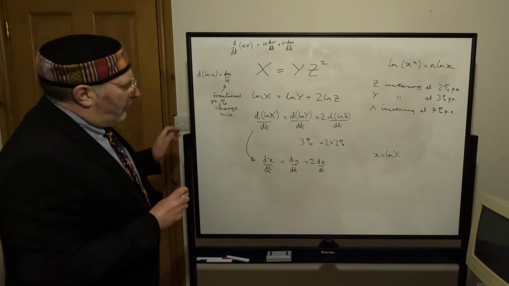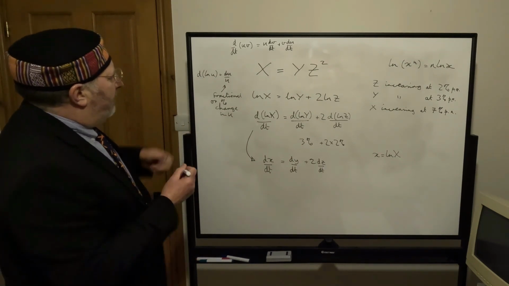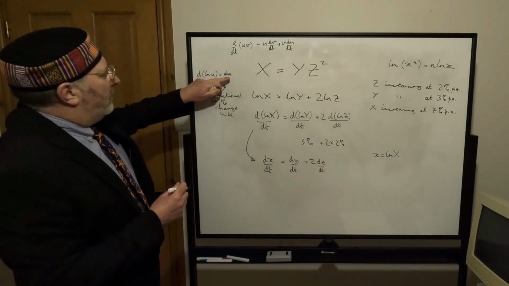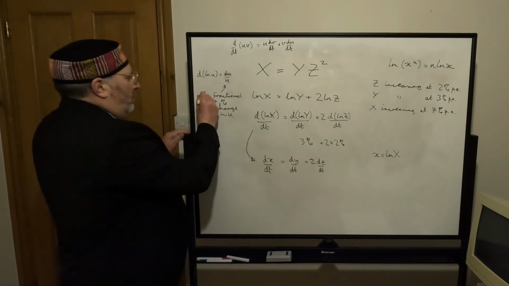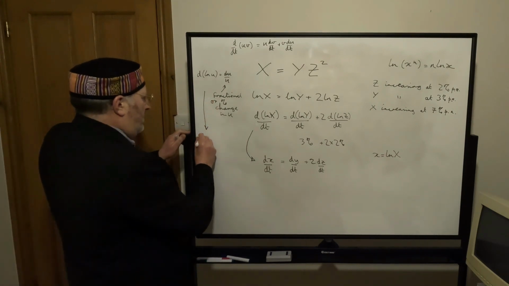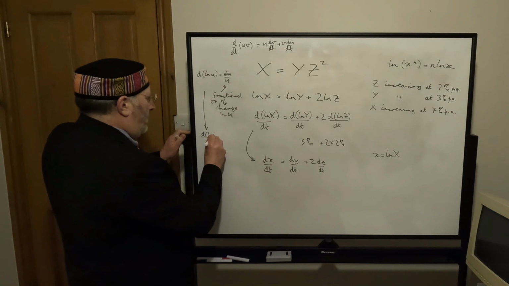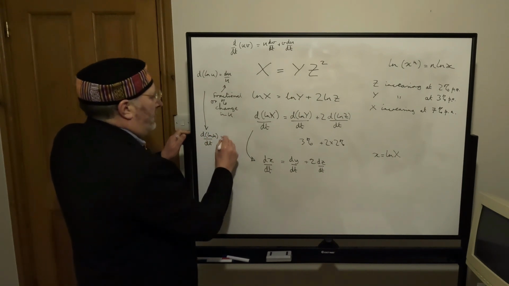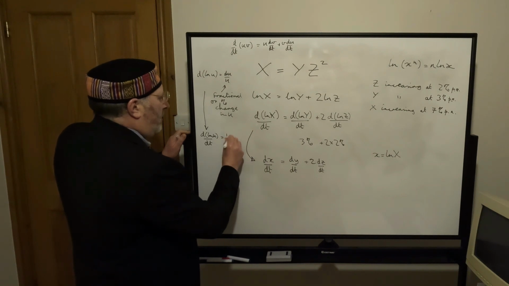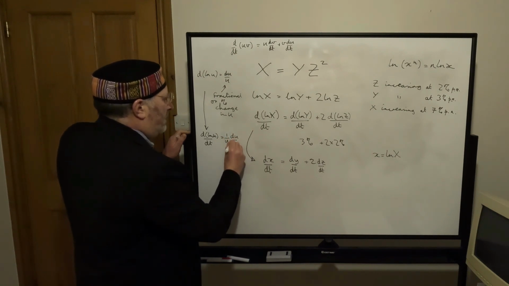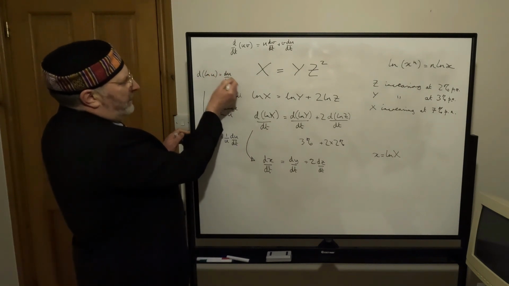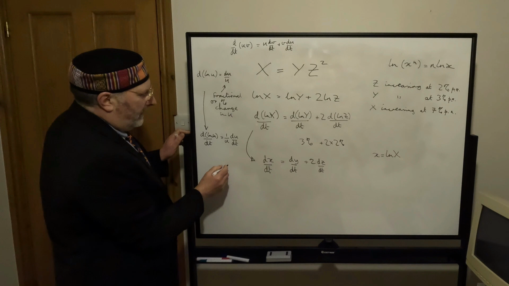And we also saw then that if d of log of u equals du over u, we could write that then d of log u by dt is equal to 1 over u du by dt. We put the 1 over u in front, then we've got the du over dt.